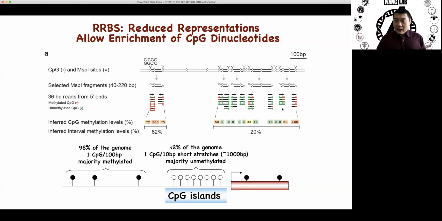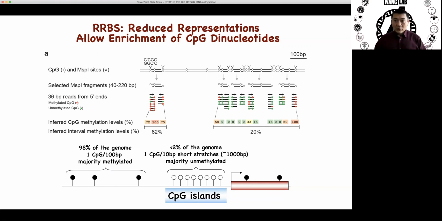You get these fragments and only select a specific range of fragment size. So regions with low CpG density get thrown out, and you focus on regions with high CpG density. These are usually the CpG islands and promoters.